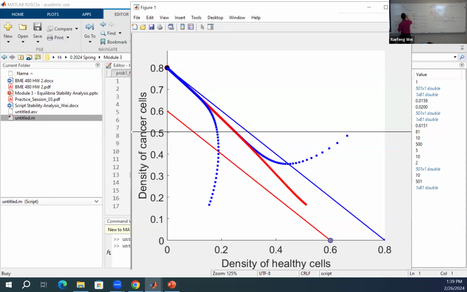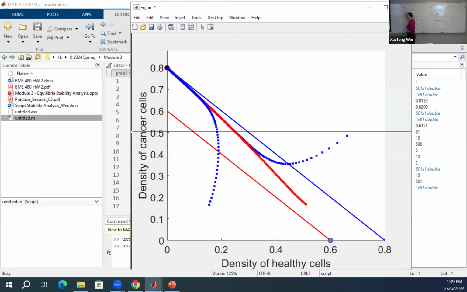If I start here, I go northeast until on this line it becomes vertical, and then go this way. If you start here, it goes northeast.